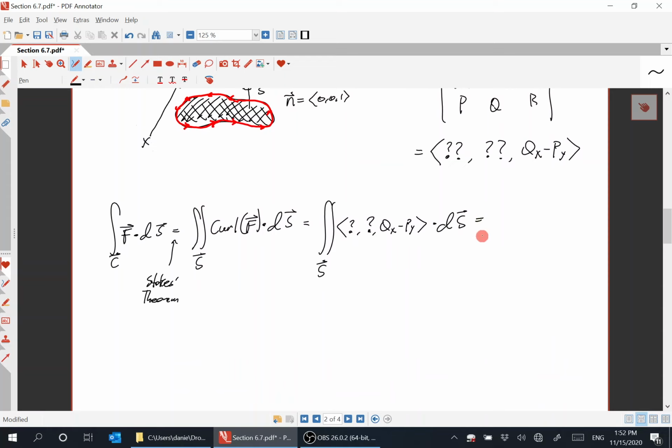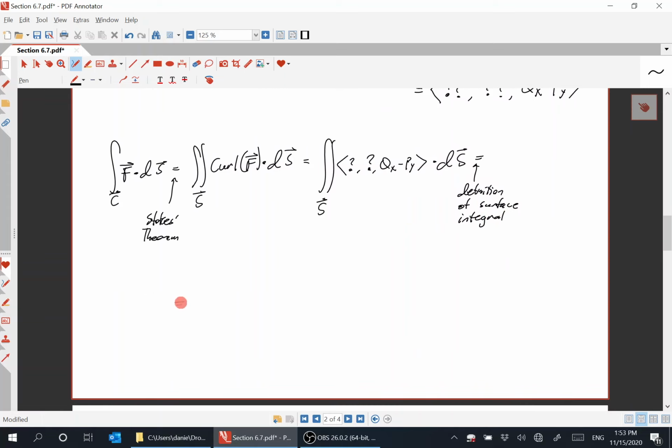Which is equal to, by the definition of the surface integral, the double integral over R, whatever region it is, of this vector field, qx minus py.